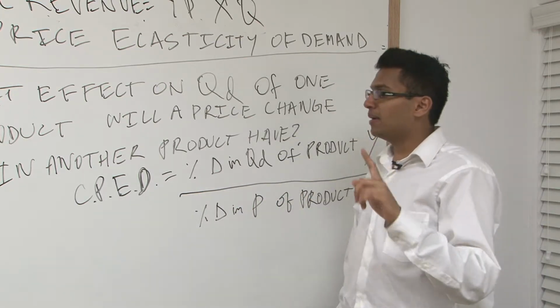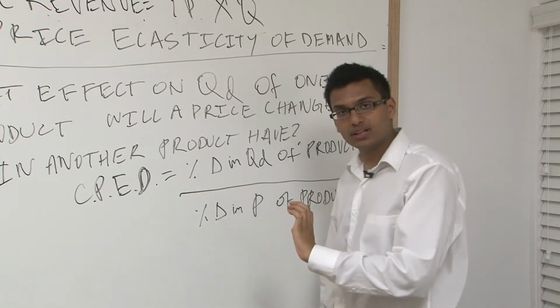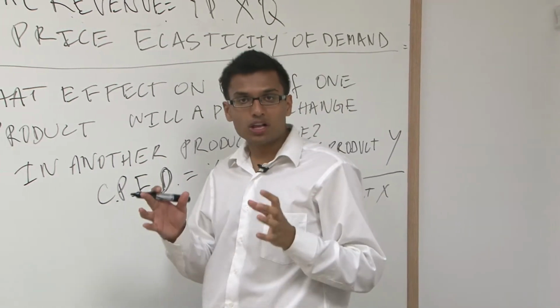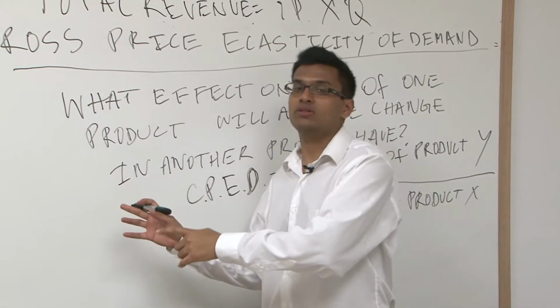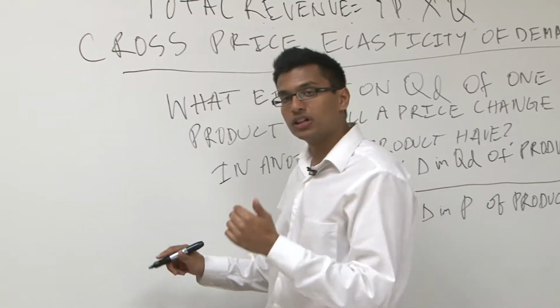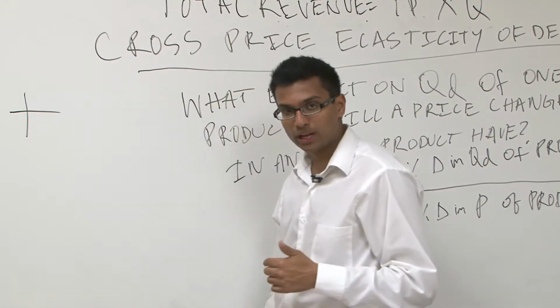Now, the important thing to understand in a CPED, or cross-price elasticity of demand, is that if the cross-price elasticity of demand has a positive sign, I'm going to write that down here, what does that mean?